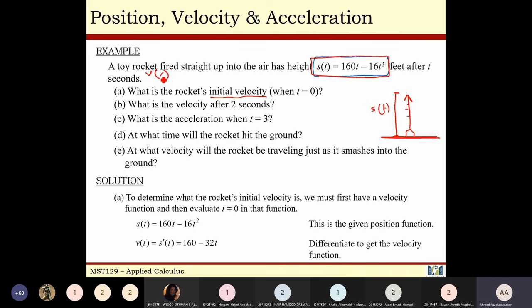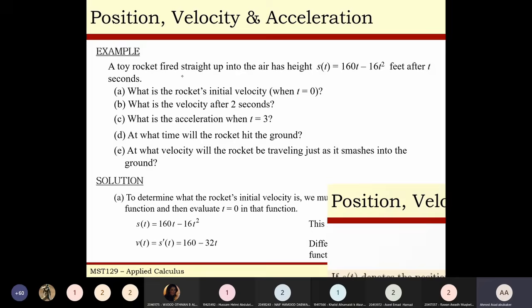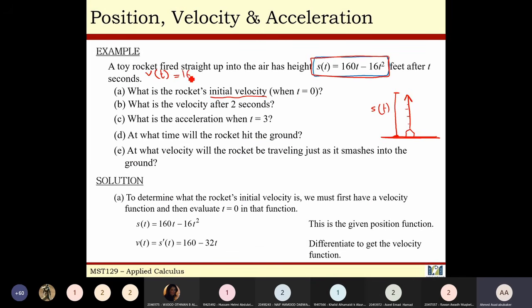Firstly, we need to find v of t. This equals 160 minus 32t. This is the velocity function. Now, to find v of 0, this equals 160. So the initial velocity equals 160.